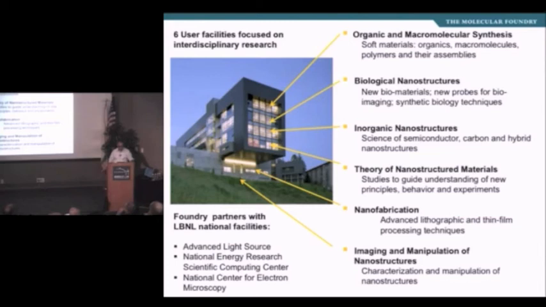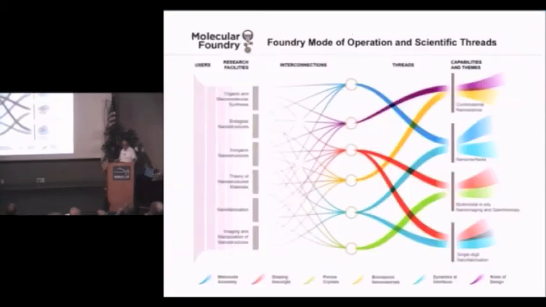And so we have these specialties, and we have about, let's say, 24 scientists staffing these facilities, and at any one time we might have 100 to 150 users that are collaborating with our scientists. But this is the power of the Foundry, and this is why I think this problem of heterogeneity within order is ideally suited for this environment.